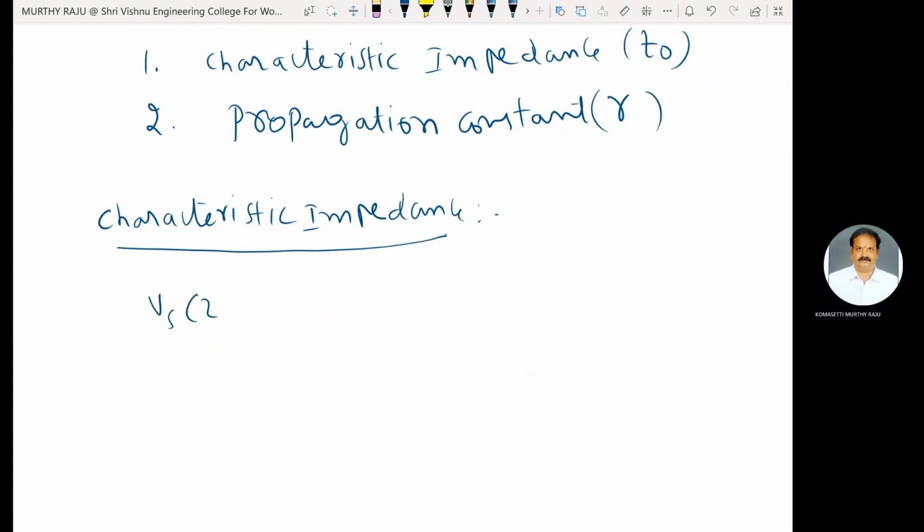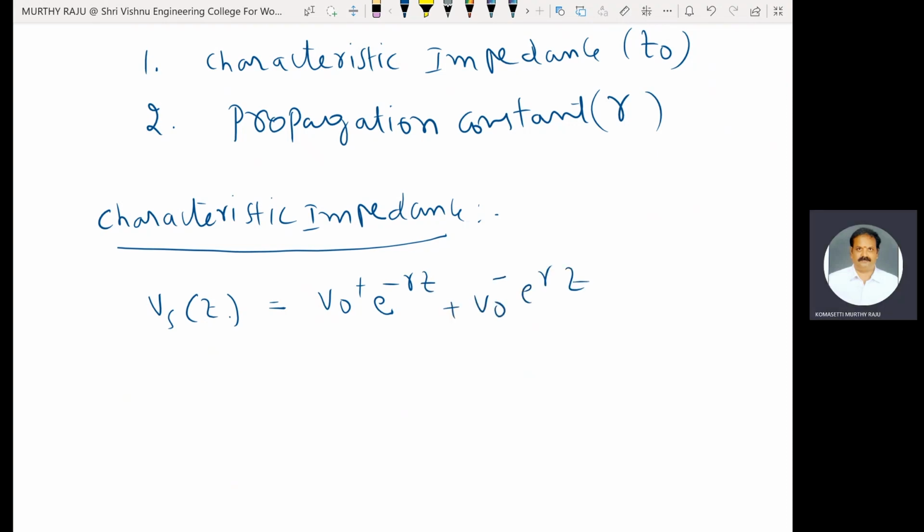Vs of z is equal to V0 plus e power minus gamma z plus V0 minus e power gamma z.